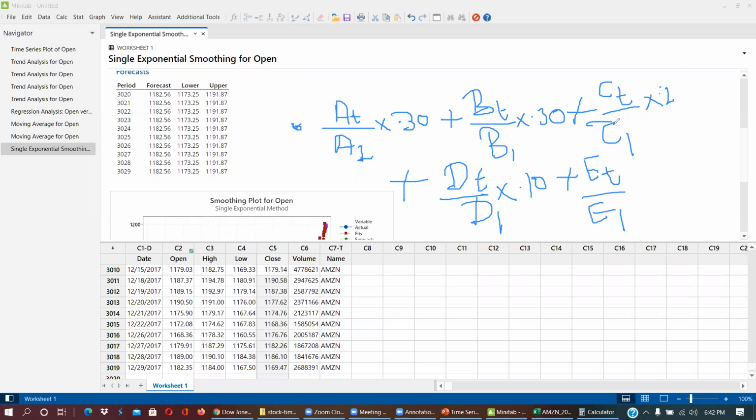This is my total 100% weight. And sum this, you will see the index of these five companies.